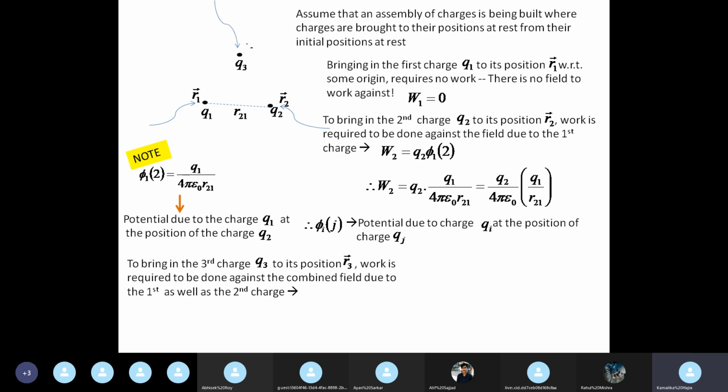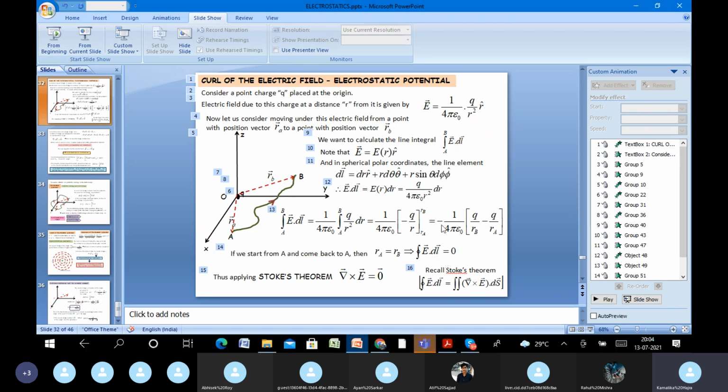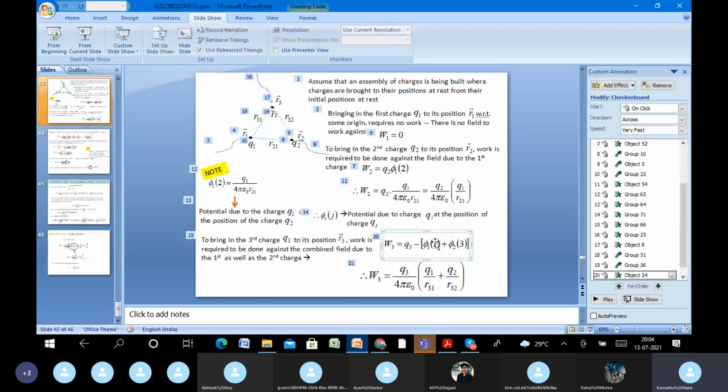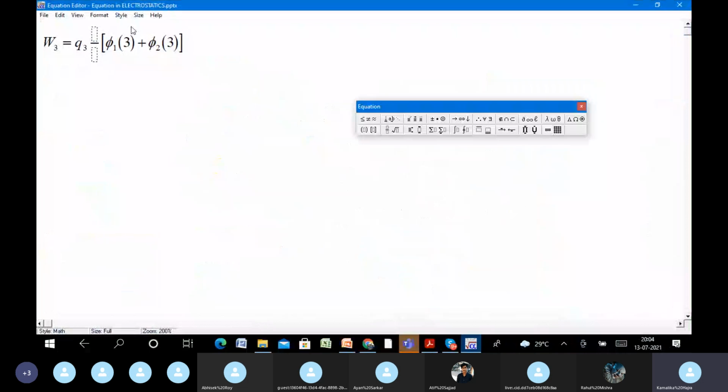When you are bringing in Q3 at its position R3, you need to know its distance from Q1, which is R31, and its distance from Q2, which is R32. Sorry, just a second, I'll make this correction.